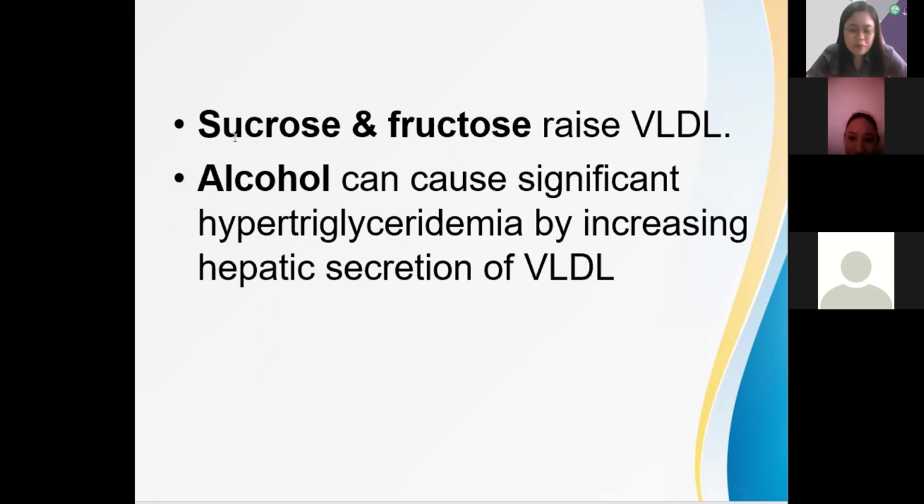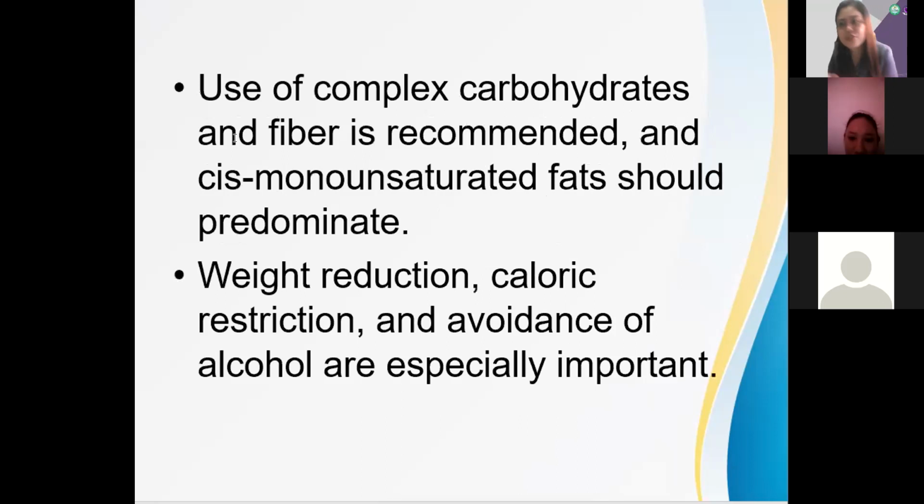Kay mag-deposit ang fats sa adipose tissues if we are into alcoholism. Okay? Mag-increase ang triglycerides by increasing hepatic secretion of the VLDL. Questions so far?